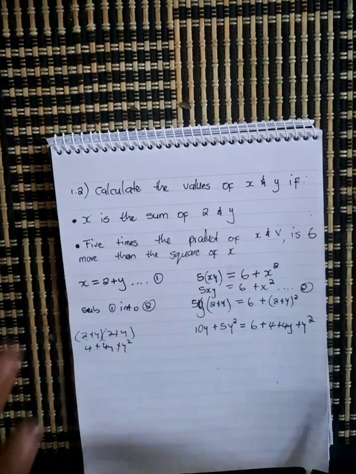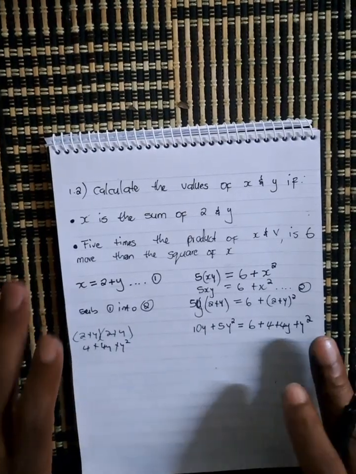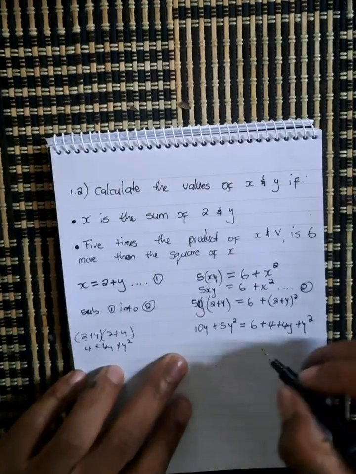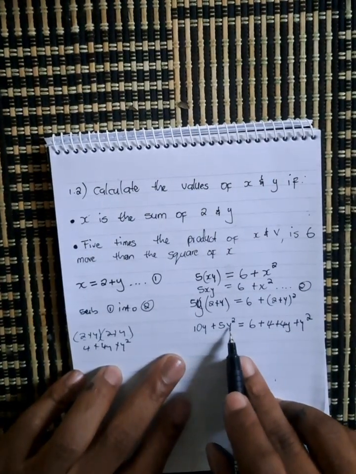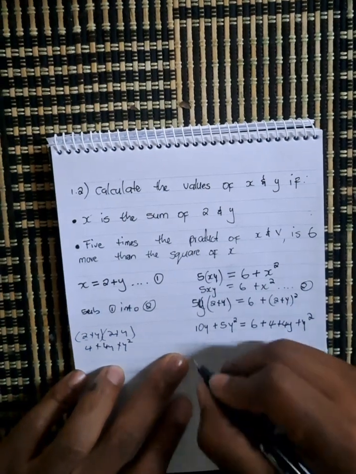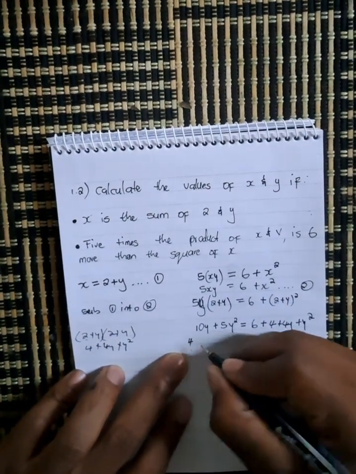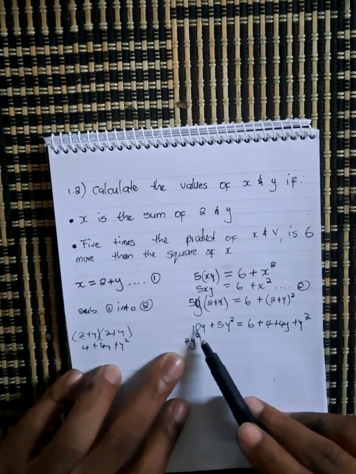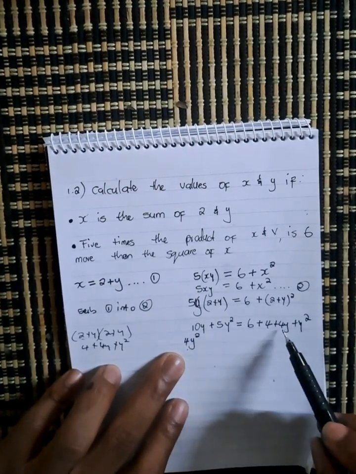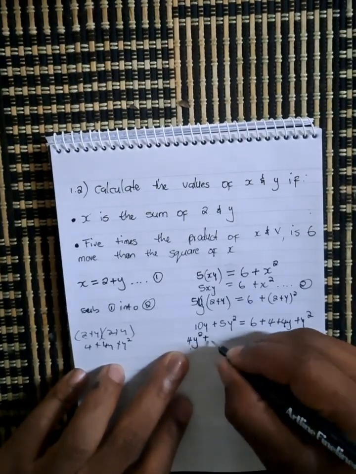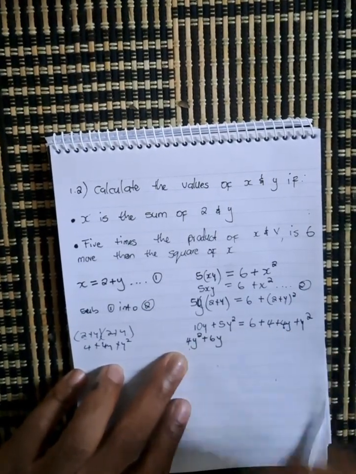Right. So now we just have to rearrange this thing over here. 5y squared minus y squared is going to give us 4y squared. 10y minus 4y is going to give us a positive 6y.